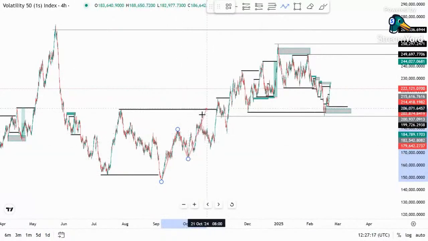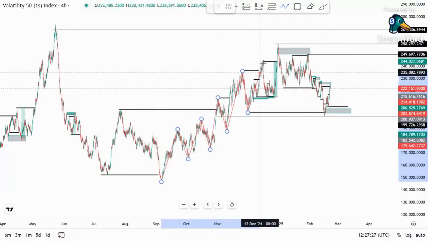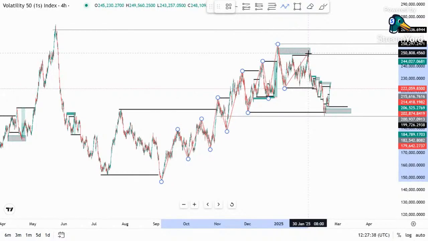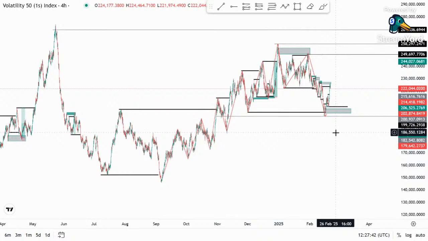So higher high, higher low, higher high, higher low, higher high, higher low, higher high, higher low, right? Higher high, higher low. Now what happened? Price came, gave us a higher low, then gave us a lower high, then poof to the downside. So are we on an uptrend or a downtrend?